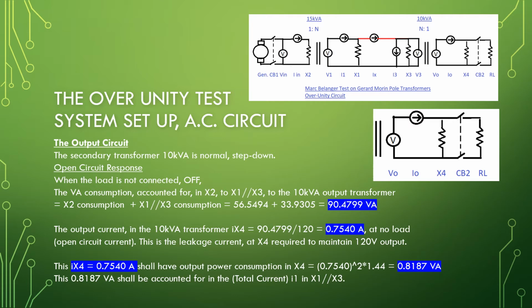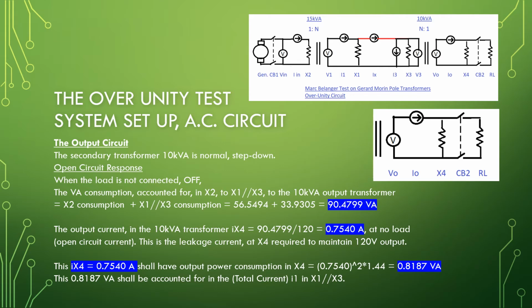Open circuit current. This is the leakage current at X4 required to maintain 120 volt output. This IX4 equals 0.7540 ampere shall have output power consumption in X4 equal to 0.7540 squared times 1.44 equals 0.8187 VA.